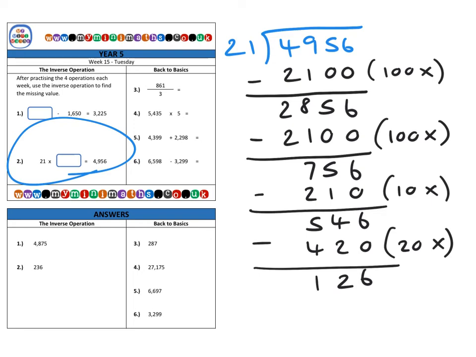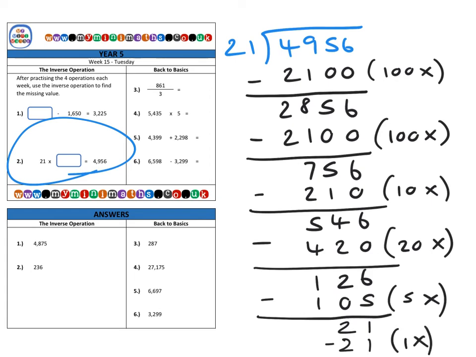But if 10 lots is 210, half of that's going to be 105. So I could take away 105, that's going to be 5 bags. And that leaves me with 21 sweets. So finally take away 21, which is another bag, leaving me with nothing left over, which is fantastic.